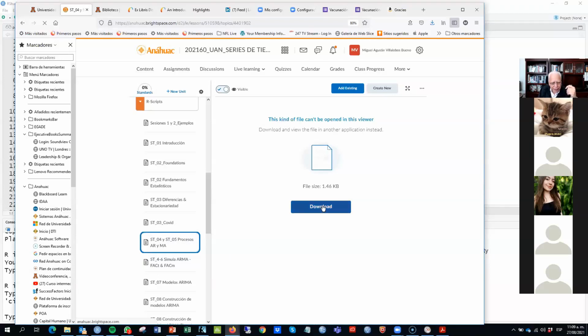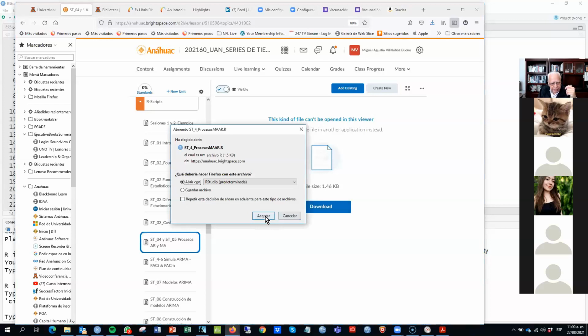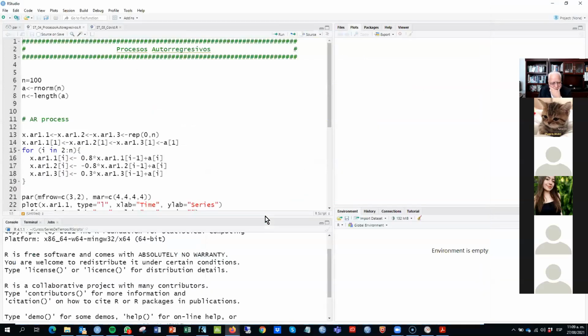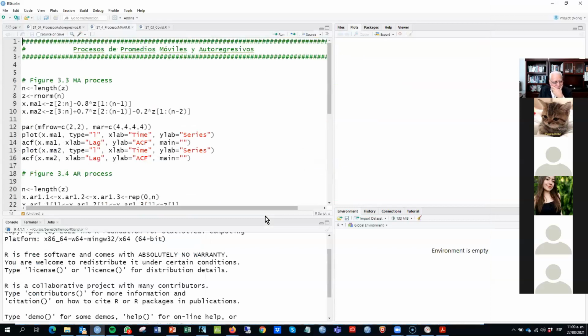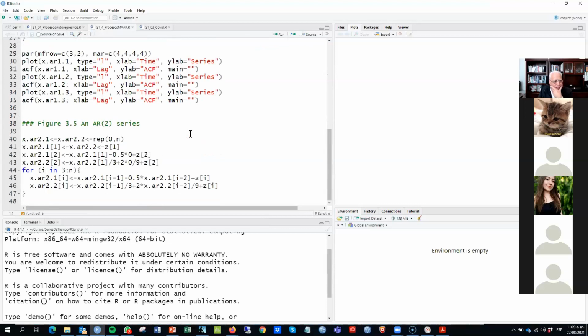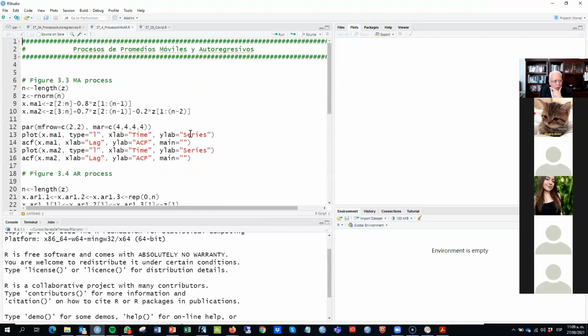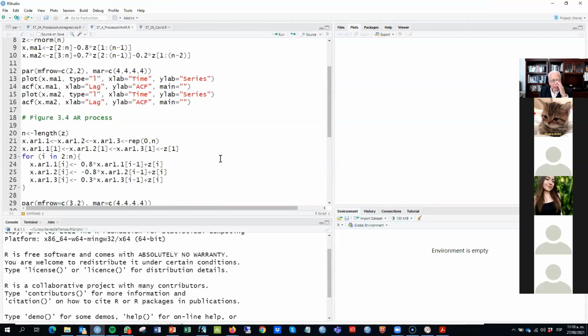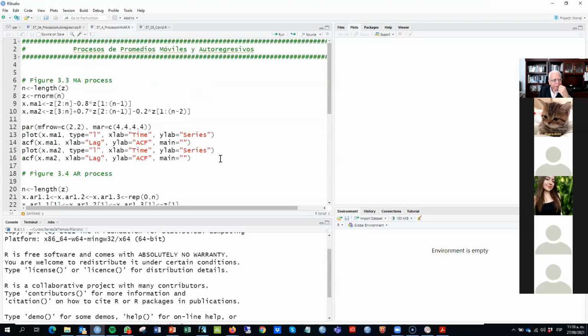Let me download this. I'll work with the one that you have in Brightspace. Okay, this is the one you have in Brightspace. Focusing only on the AR process, please download this script.